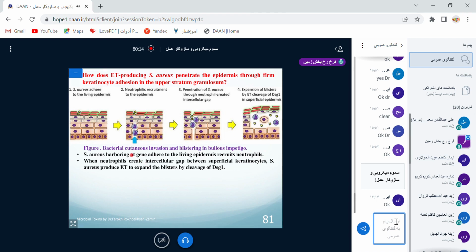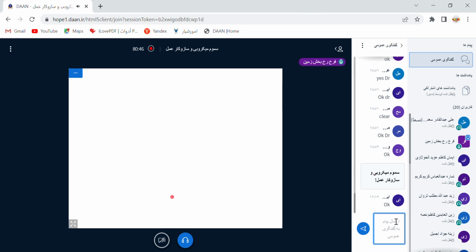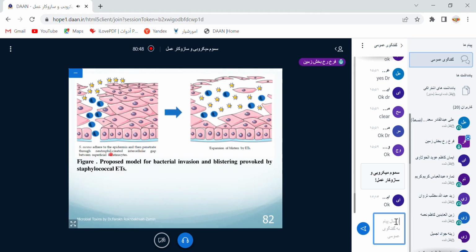Figure: bacterial cutaneous invasion and blistering in bullous impetigo. Staphylococcus aureus harboring the ETA gene adheres to the living epidermis and recruits neutrophils. When neutrophils create intercellular gaps between superficial keratinocytes, Staphylococcus aureus produces exfoliative toxin to expand the blister by cleavage of DSG1.